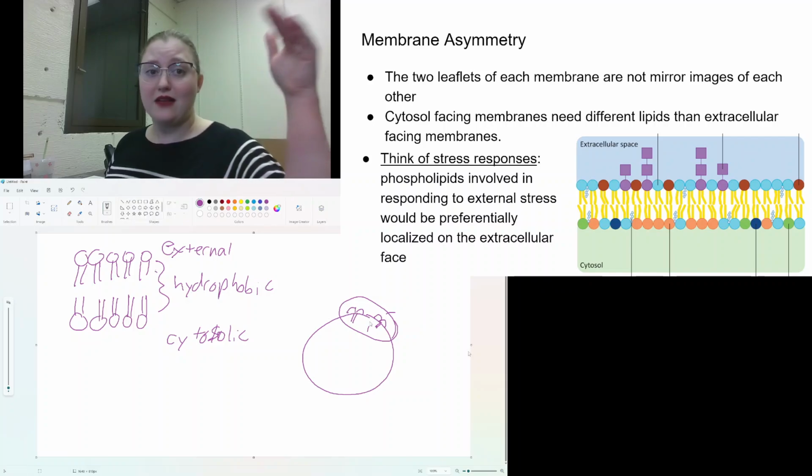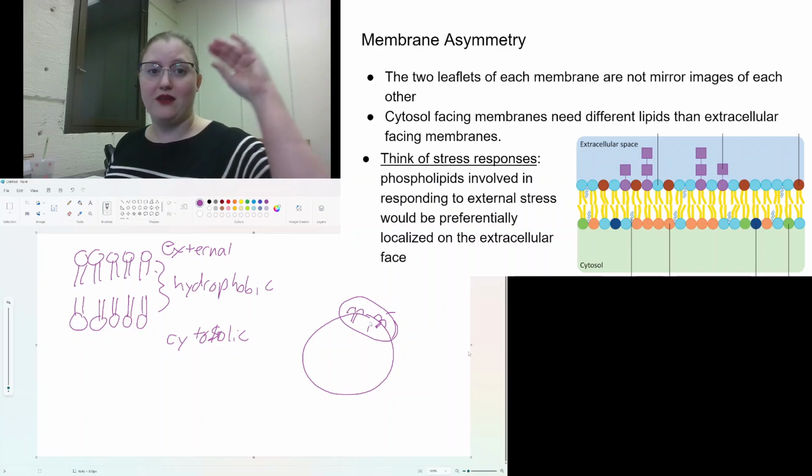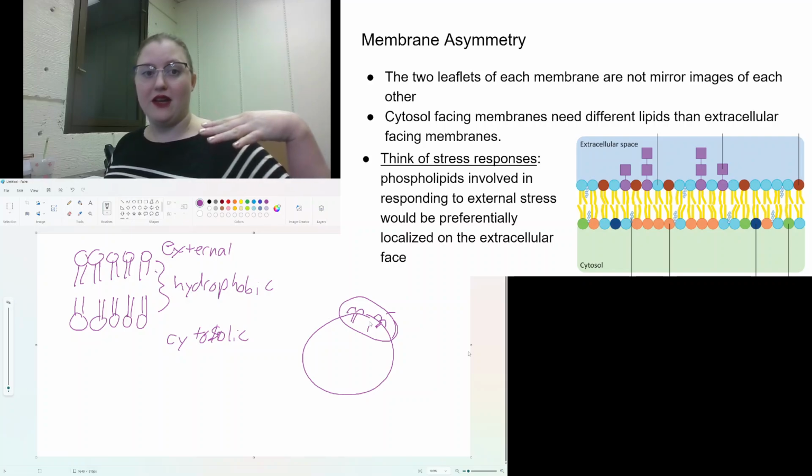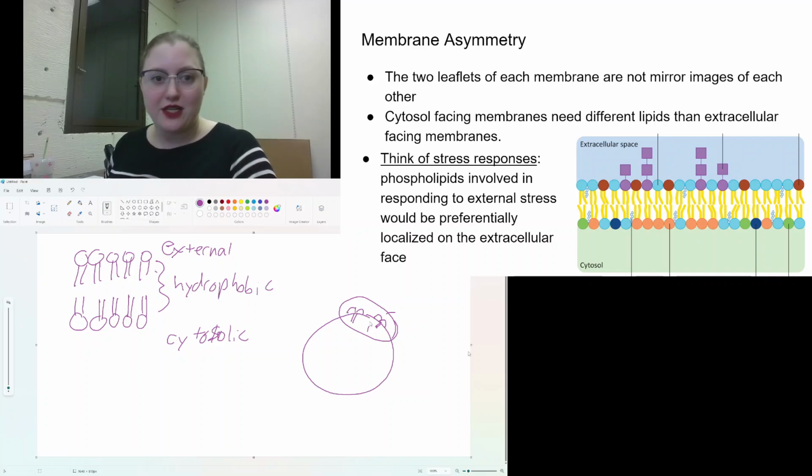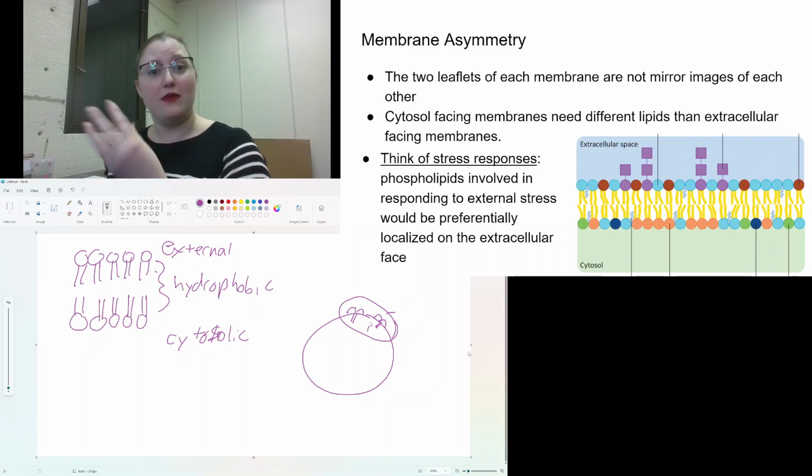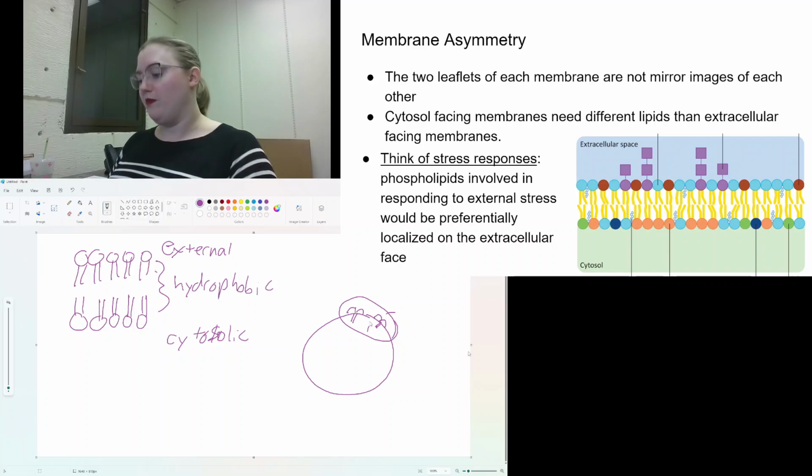So that outside leaflet is going to be different. It's going to have different signaling proteins than the inside. And the two sides of the Golgi are going to be different. The interior and exterior of different vesicles, those are going to be asymmetric. What's inside the vesicle is going to have different needs than what's on the outside of the vesicle. Okay.